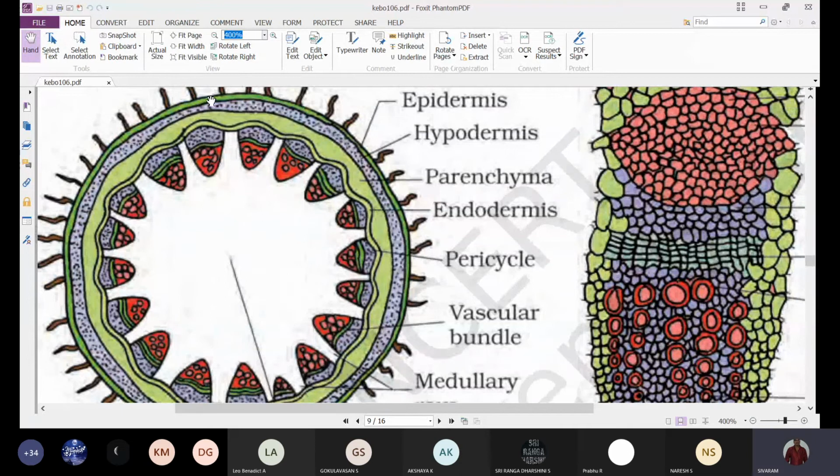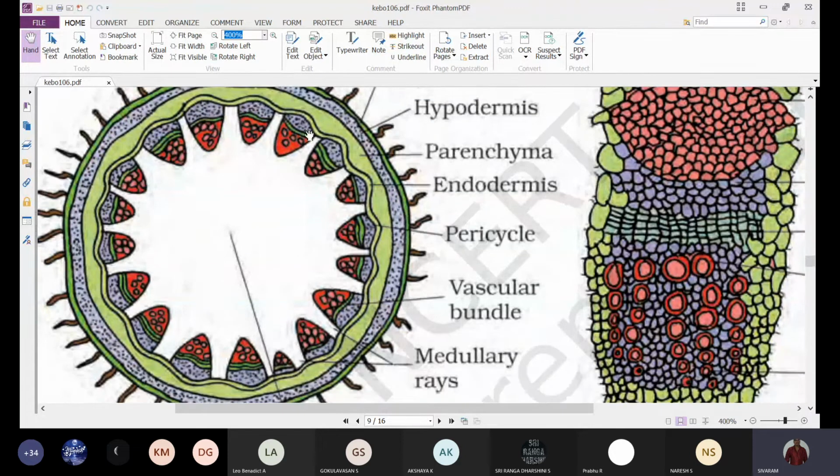Outer epidermis, next hypodermis, next cortical cells, next endodermis, pericycle. This is pericycle, and next phloem, xylem, in between cambium, and the vascular bundles are arranged parallel to one another.